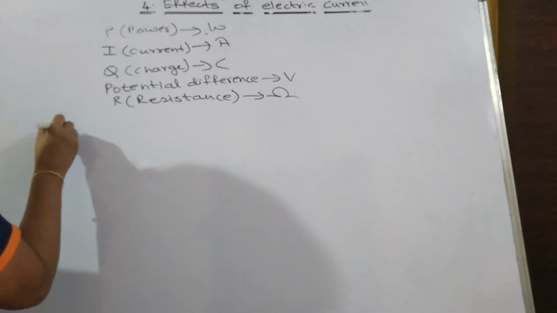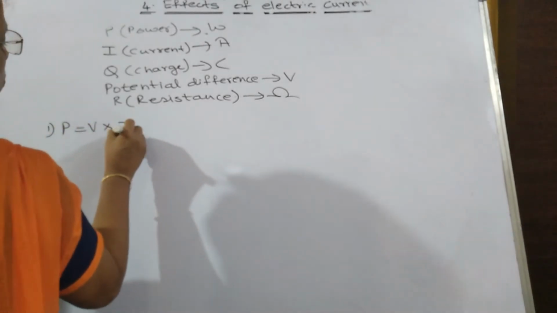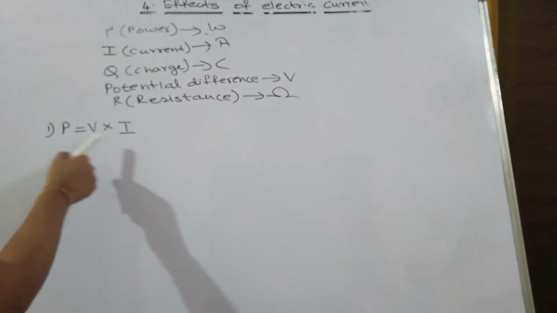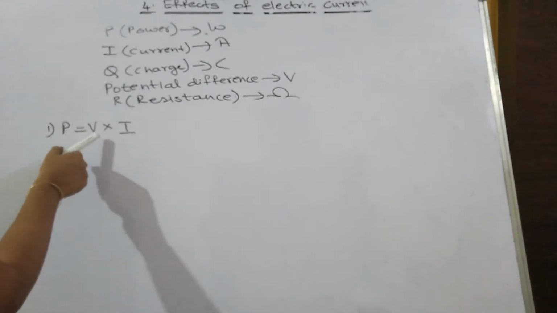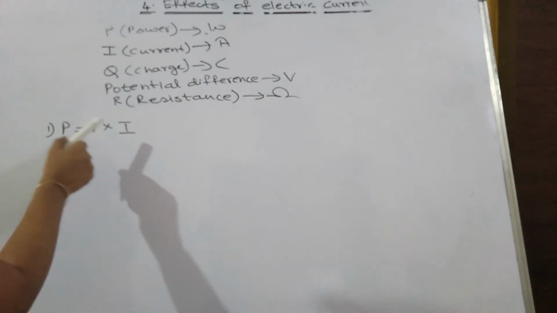First one is P is equal to V into I, that is power is equal to potential difference into current.